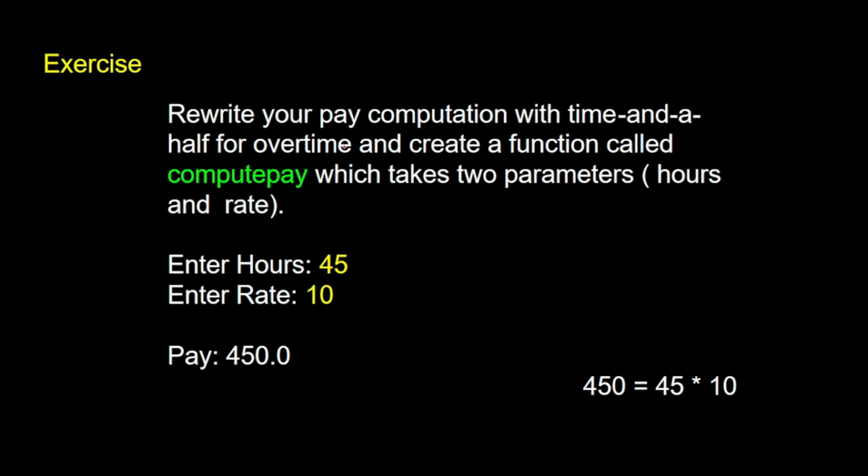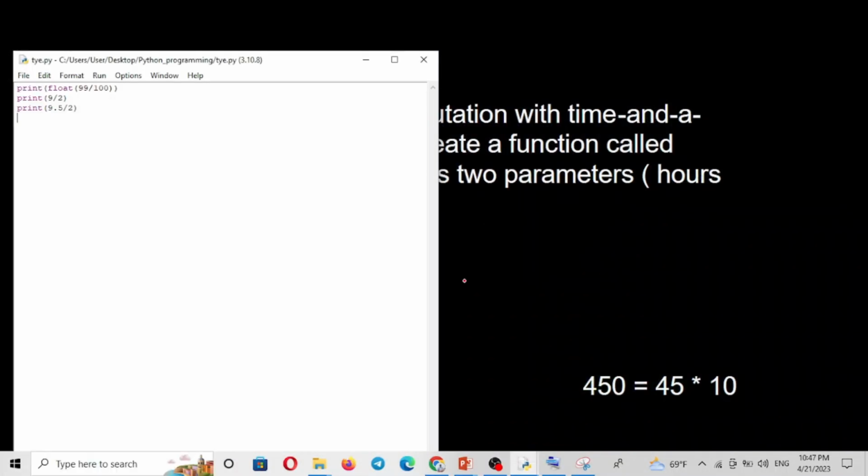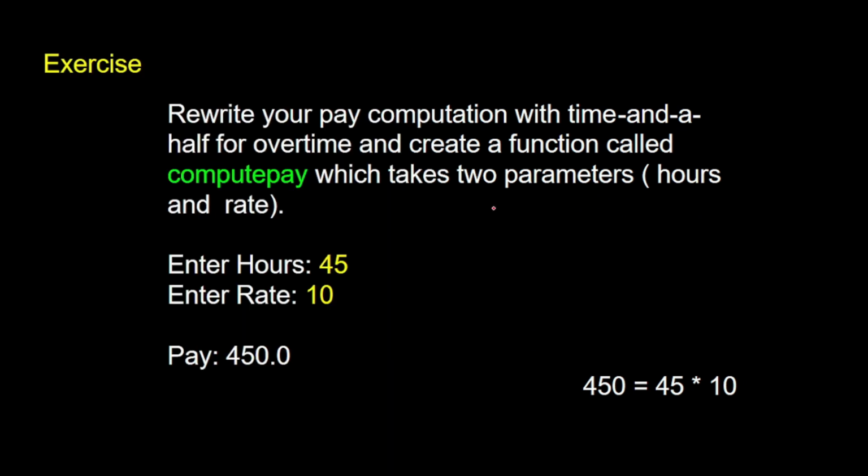As an exercise, look at this one, right? Pay computation with time and a half for overtime, and create a function called compute pay, which takes two parameters, hours and rate, and calculates the net money payment of that employee or individual. We open the Python programming language editor.